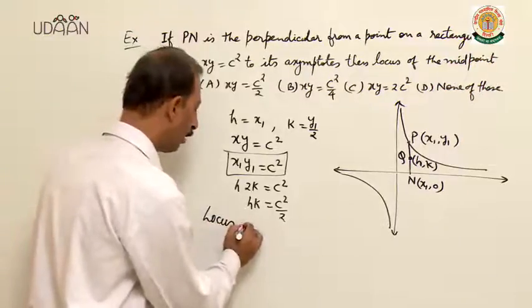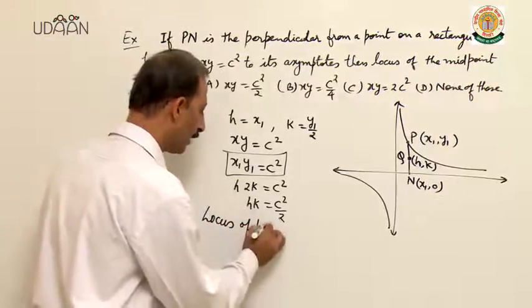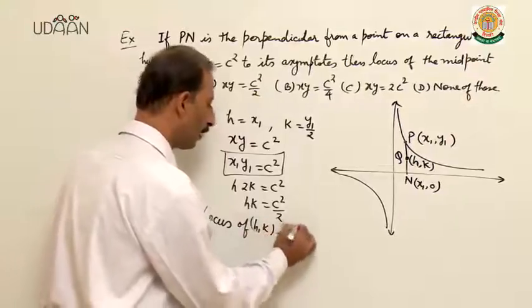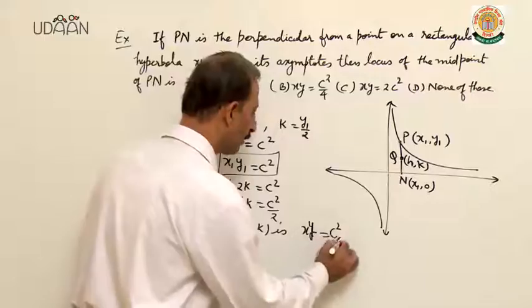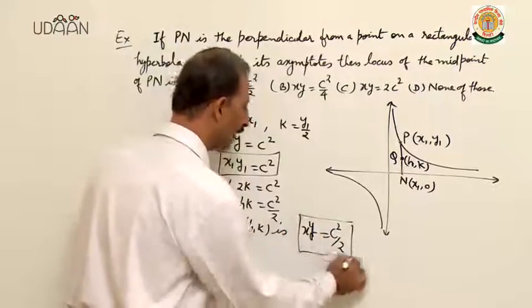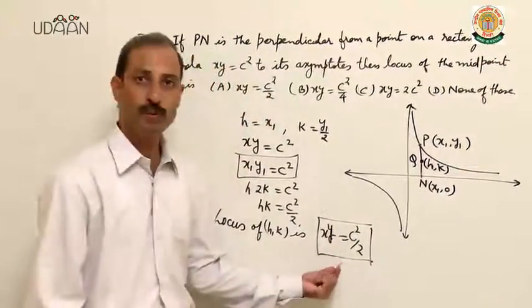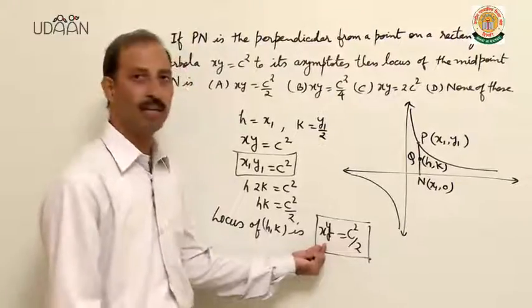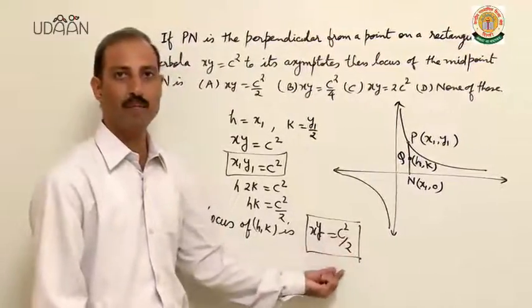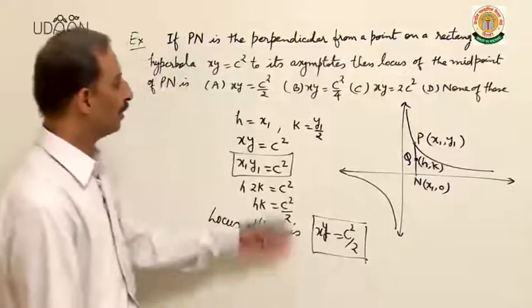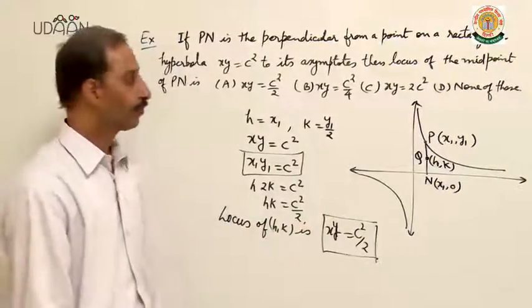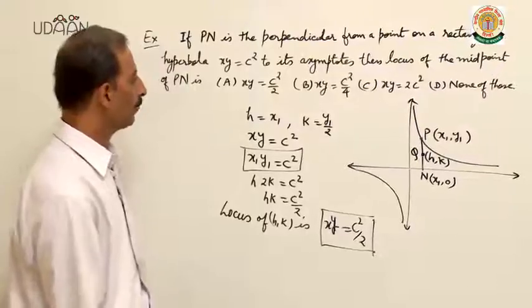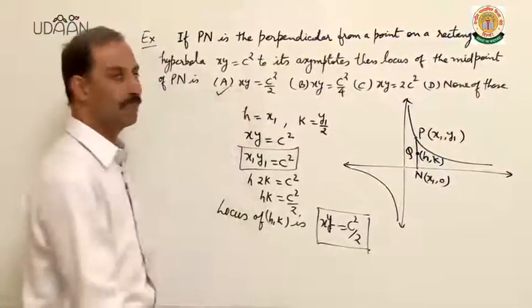So the locus of this point h comma k, after replacing h by x and k by y, is again a rectangular hyperbola, xy is equal to c square upon 2. Children, now you can say which is your correct option. So you can see the first option is the correct one.